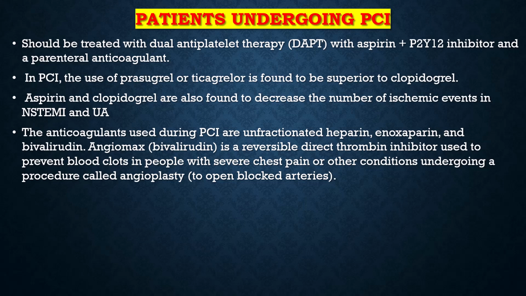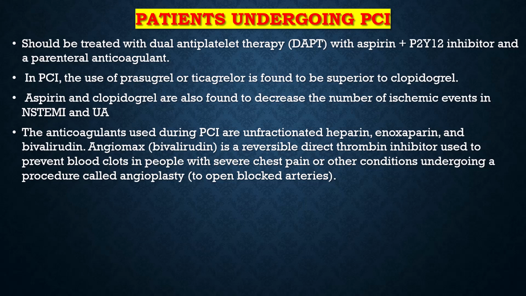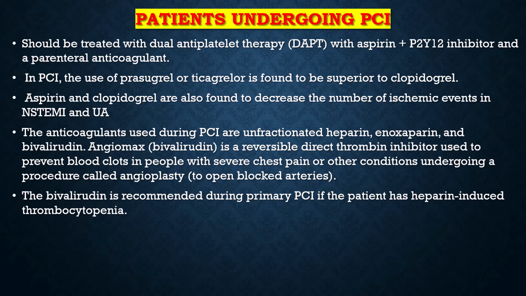The anticoagulants used during PCI are unfractionated heparin, enoxaparin, and bivalirudin. Angiomax, the trade name of bivalirudin, is a reversible direct thrombin inhibitor used to prevent blood clots in people with severe chest pain or other conditions undergoing a procedure called angioplasty to open blocked arteries.